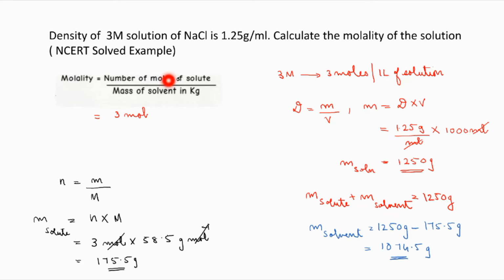We got the number of moles of the solute and the mass of the solvent also. Substitute the value. 3 moles divided by mass of the solvent, which should be in kilogram. So we are dividing it by 1000. 1.0745 kilogram. We can write like that. If you are calculating this one, you will be getting the answer as 2.79 molal. That will be the answer.